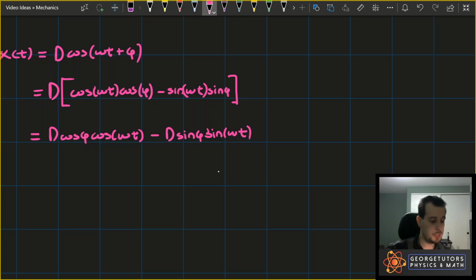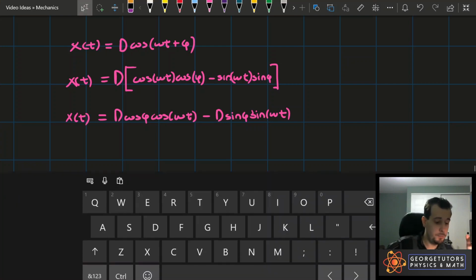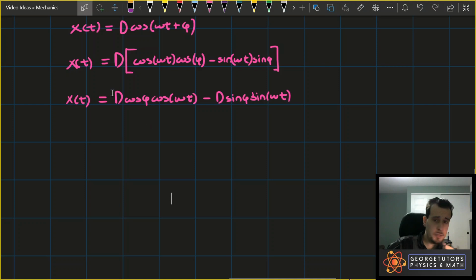Why am I doing this? I want to point your attention to what the first constant here is really. Think about this for a second. Maybe pause the video and try to think why I've organized my x of t function like this right now.